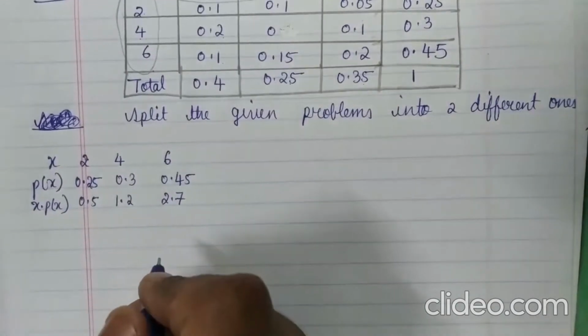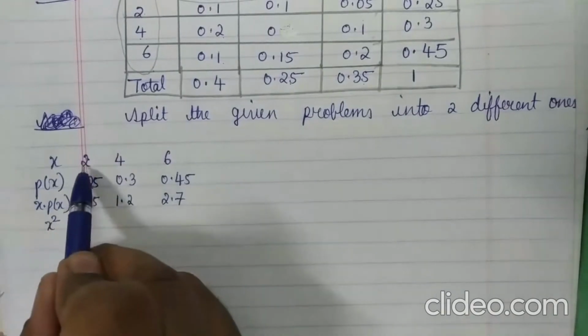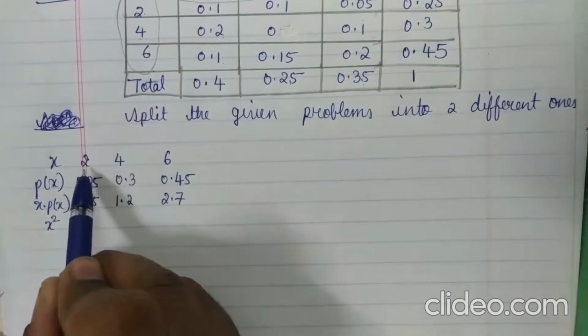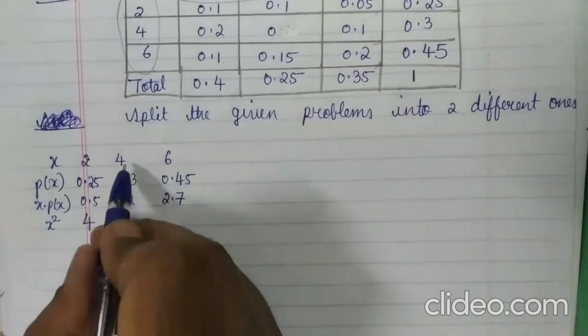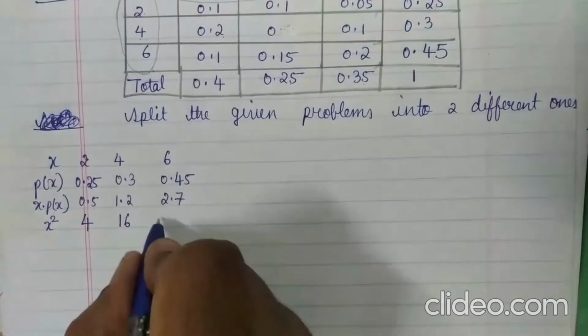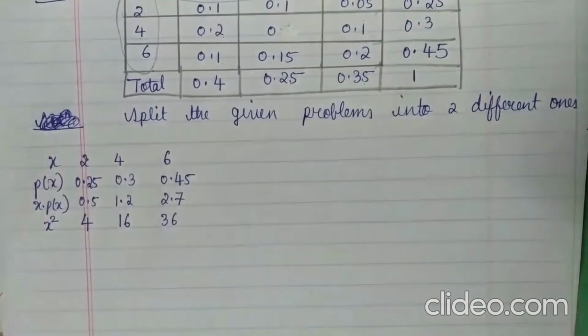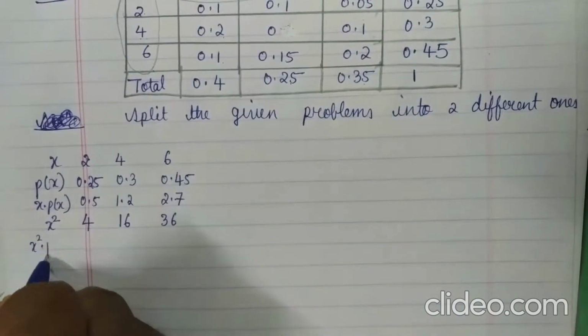Then the next thing is x square. X square means square of this. So 2 into 2 is 4, 4 into 4 is 16, 6 into 6 is 36. Next thing is x square into p of x.